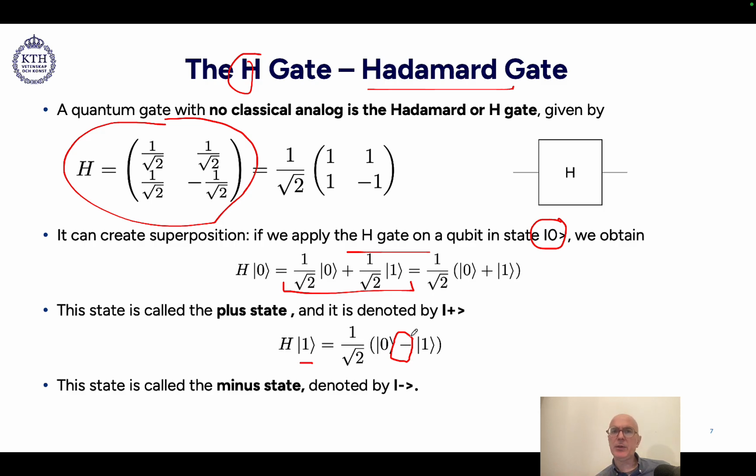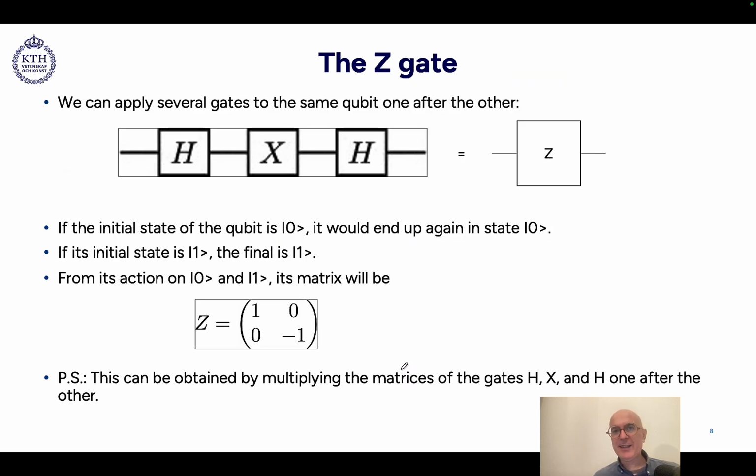It acts in a different way. In the case of acting on state 0, we get the plus sign here, and this quantum state, because it's kind of peculiar, gets the name of ket plus. When we apply it to the state 1, we have a change of sign here, and this state is also called ket minus.